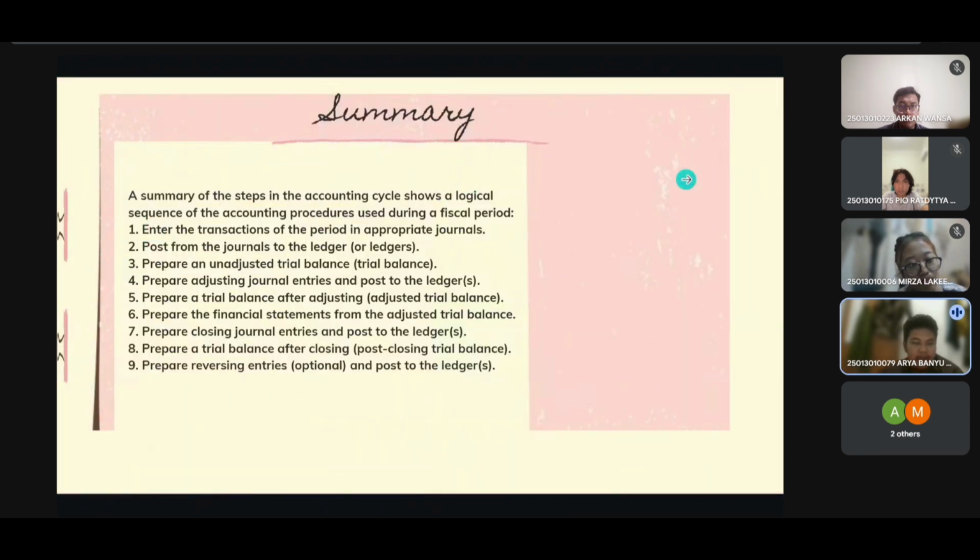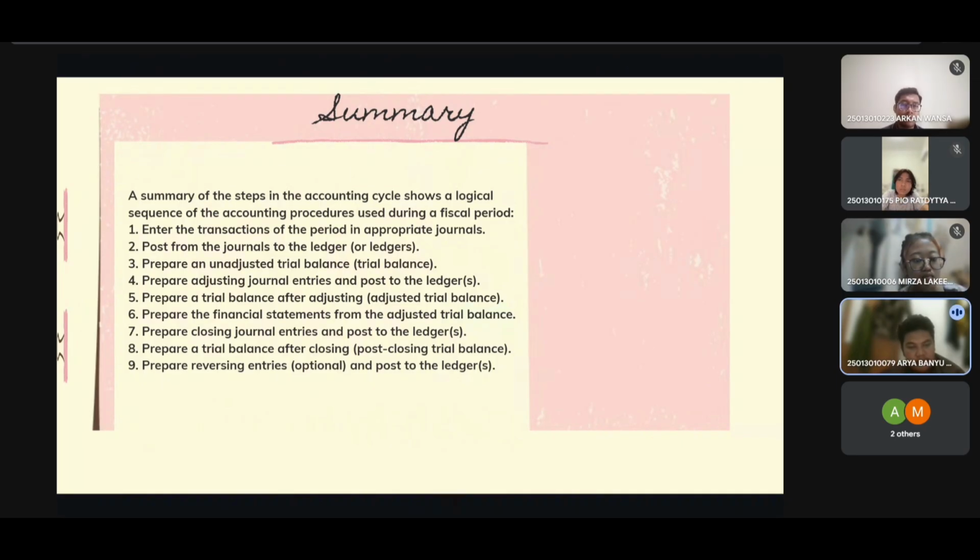Next. This is the summary of the accounting process. We enter the transaction. After we make the transaction, we post it into the journal, post the journal into the ledger, prepare the unadjusted trial balance, make adjusting journal entries, prepare a trial balance after adjusting, prepare the financial statements, make closing journal entries, and prepare the trial balance after closing.